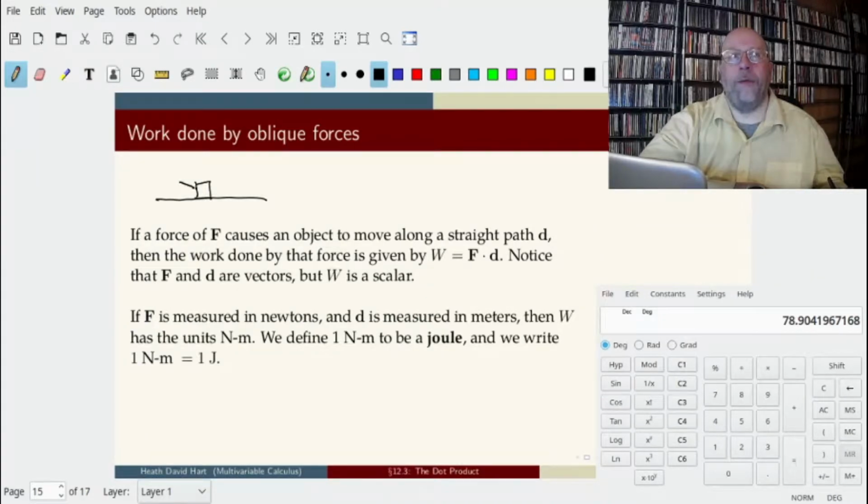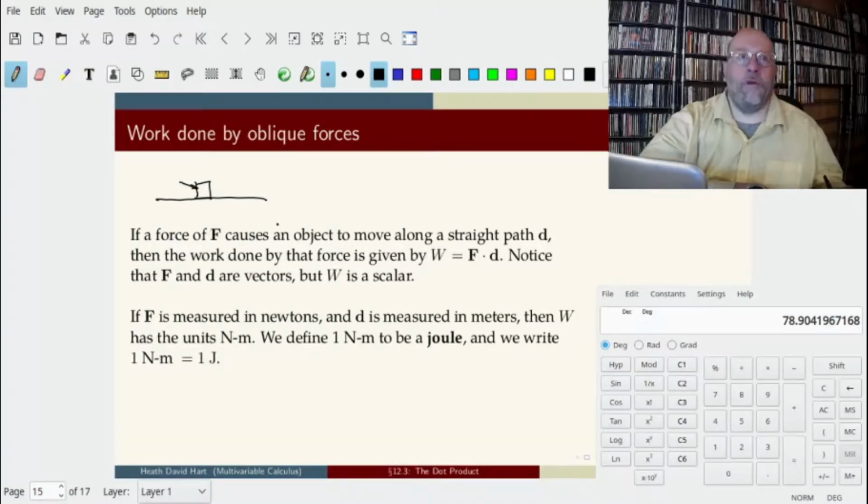I might be pushing down a little bit on a box, and so some of my force is being wasted because I'm not pushing it in the most efficient direction. That's the idea here, that we are not doing the work as efficiently as possible.